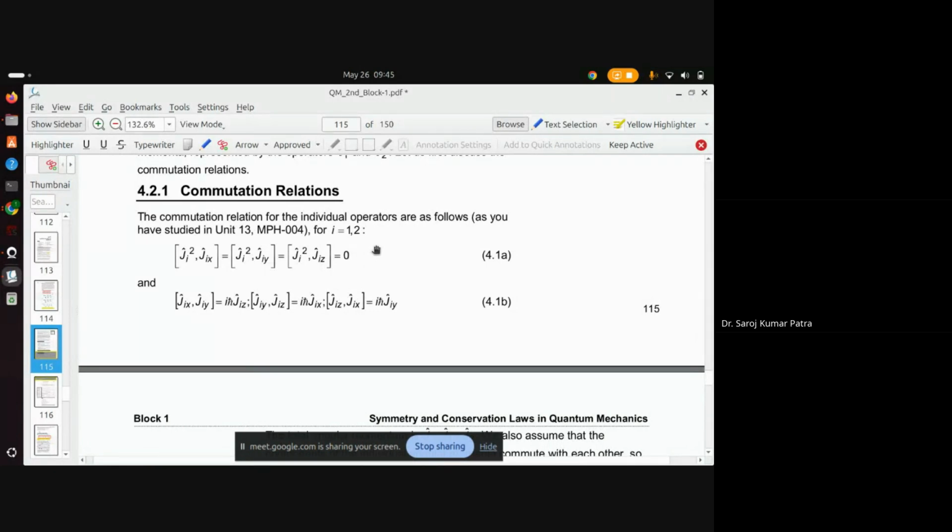Can anybody tell me, if the commutator bracket is 0, what does it mean? Physically, what does it mean? Can someone explain?